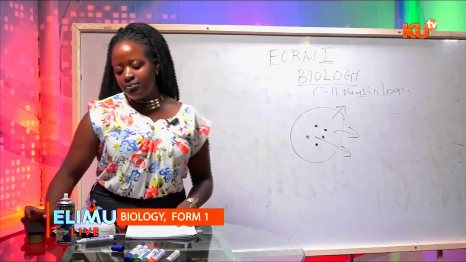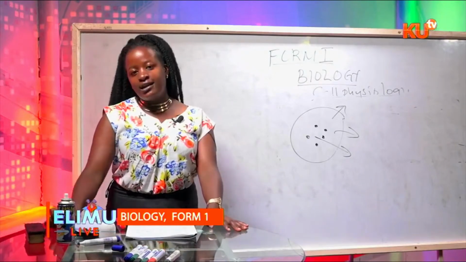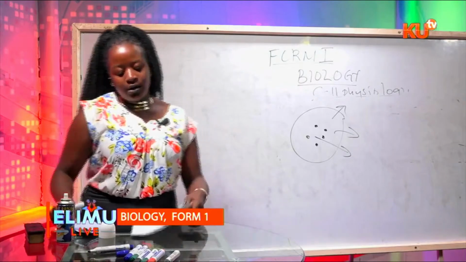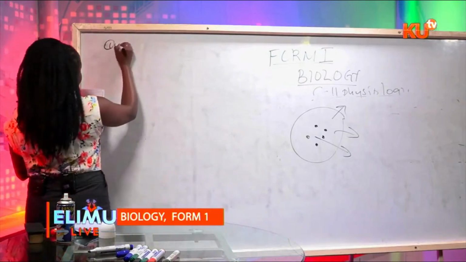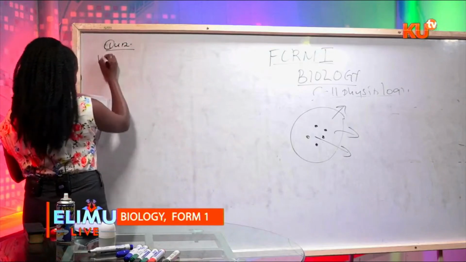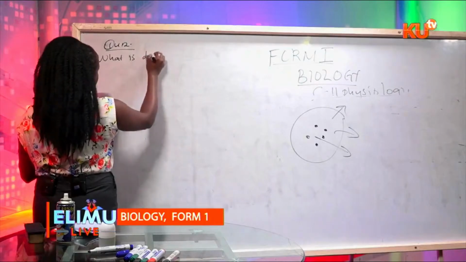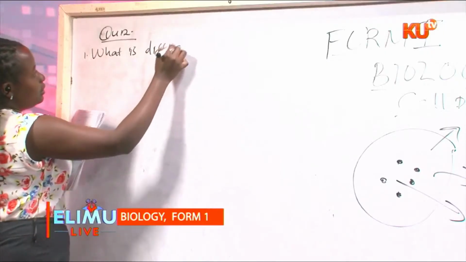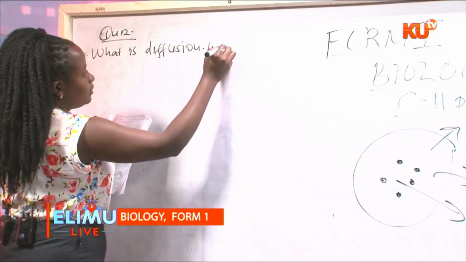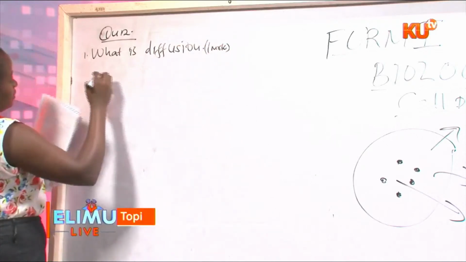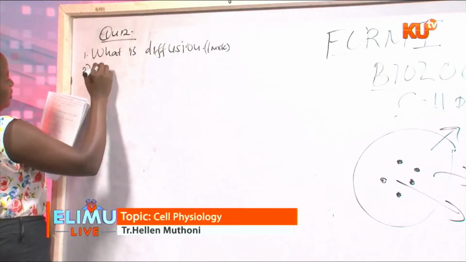These questions can be brought as short questions, structured questions, and even essay questions. So what is diffusion? A very simple question. What is diffusion? You can do that assignment.